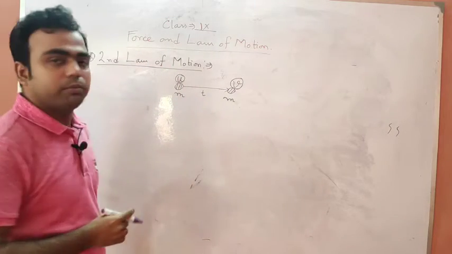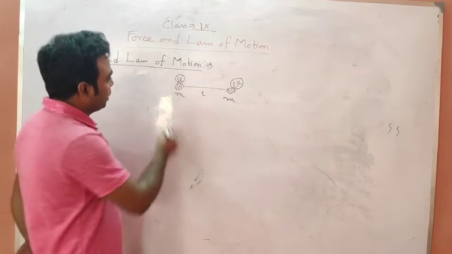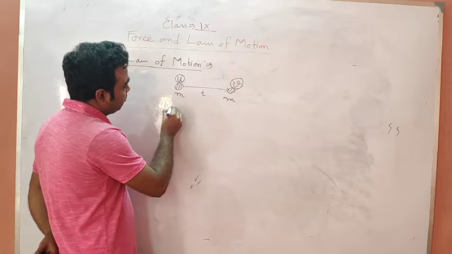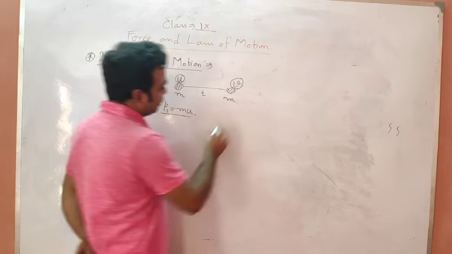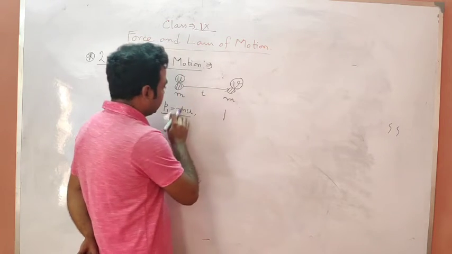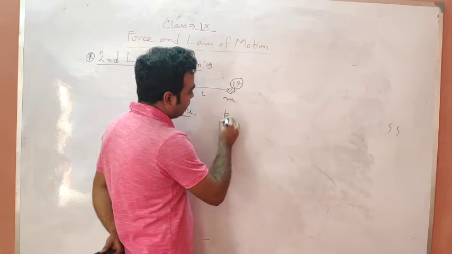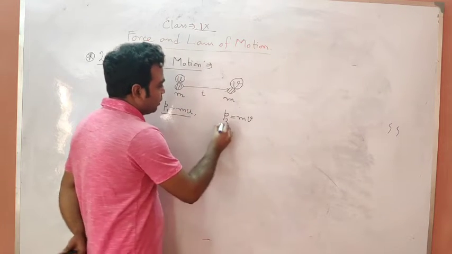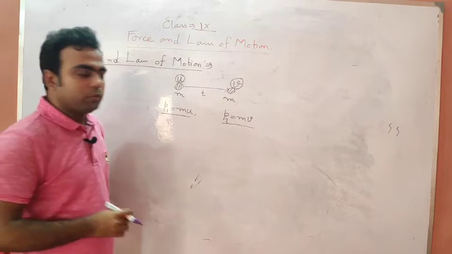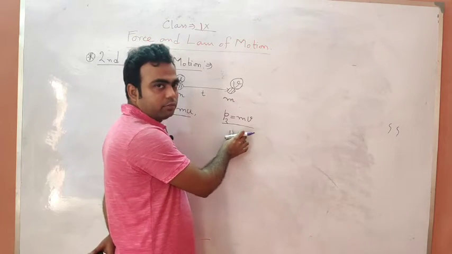What will be the initial momentum? P1 = mu, where u is the initial velocity. What will be the final momentum? P2 = mv. So this is the initial momentum and this is the final momentum.